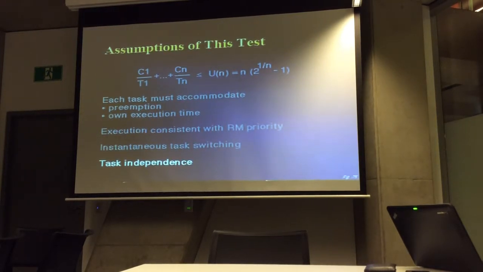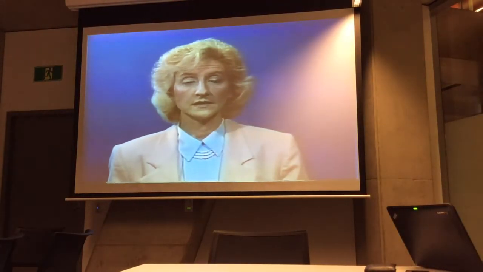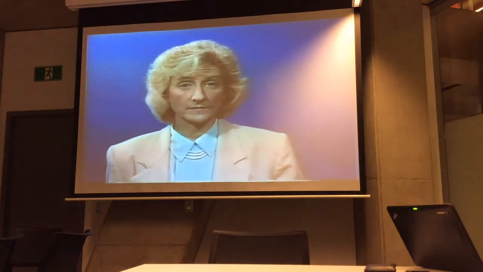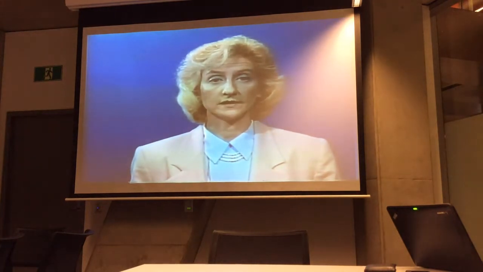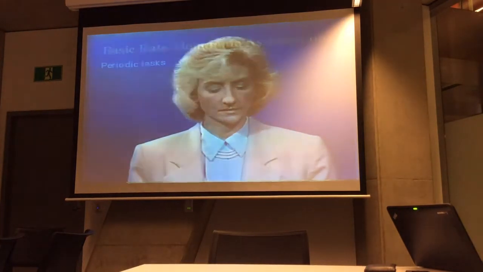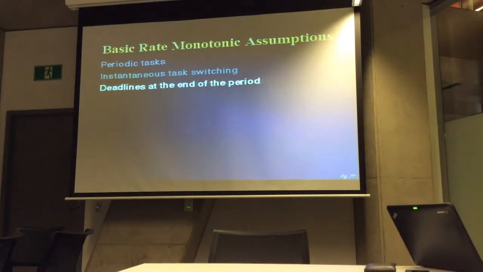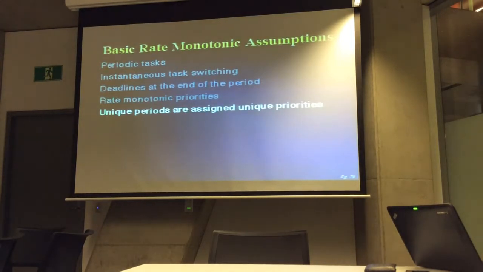In a moment, we'll look at how to allow for task dependencies, where a lower priority task can block a higher priority one. Anyone with experience designing real-time systems knows that the assumptions at this point are pretty limiting. Only periodic tasks, instantaneous task switches, deadlines are coincident with the start of the next period. Priorities are assigned rate monotonically. Unique periods are assigned unique priorities.